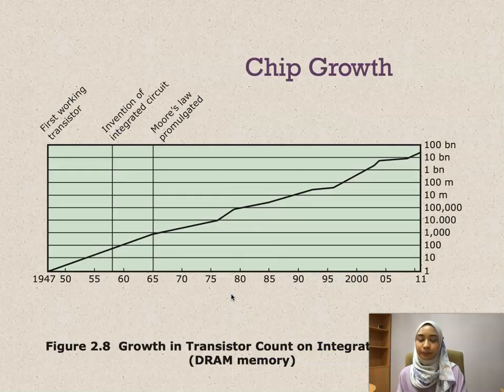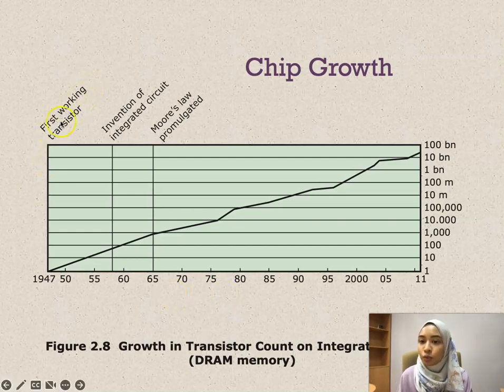Okay. So here we have a very interesting graph. So we started with the first working transistors back in 1947, and we only used one transistor, sadly. But as time moved on, we saw the increase in number of transistors being used.